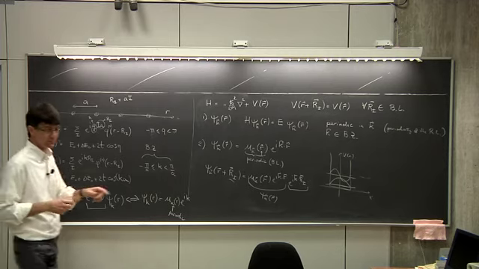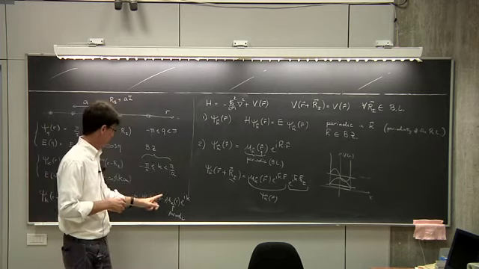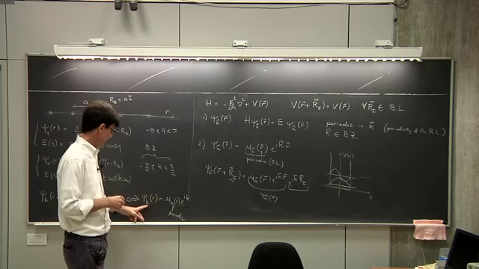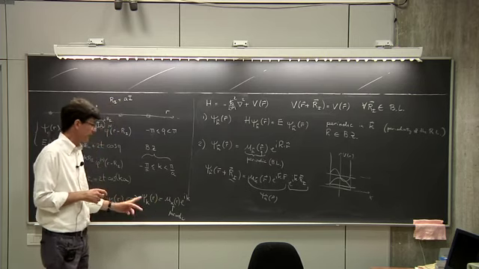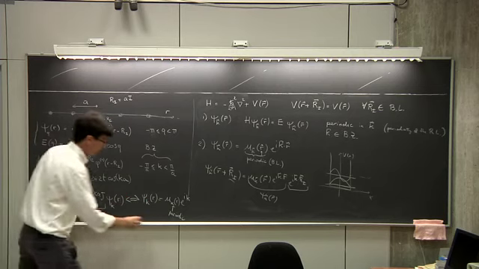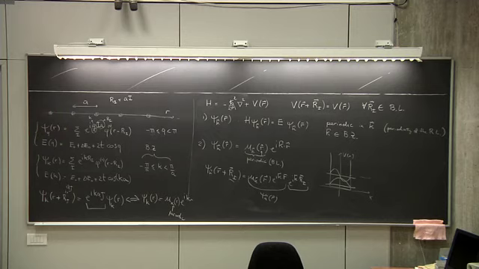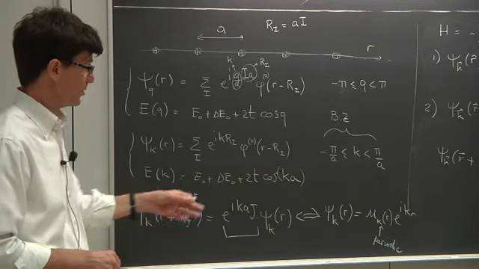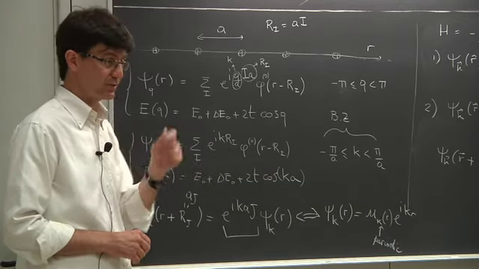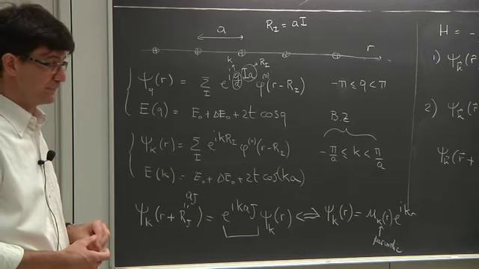What about here? Same. You only have to think that k takes discrete values. That's the only consequence of taking these periodic boundary conditions with large n.